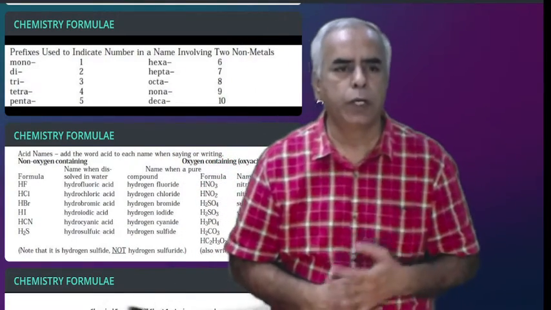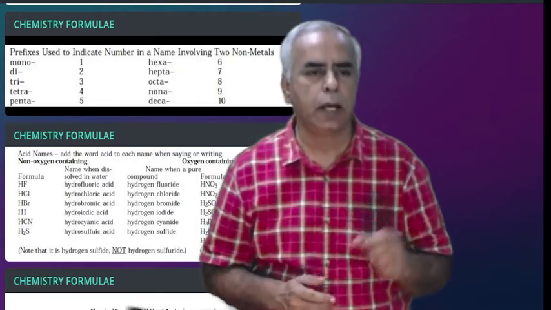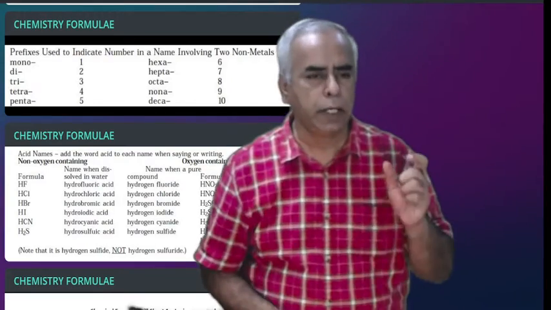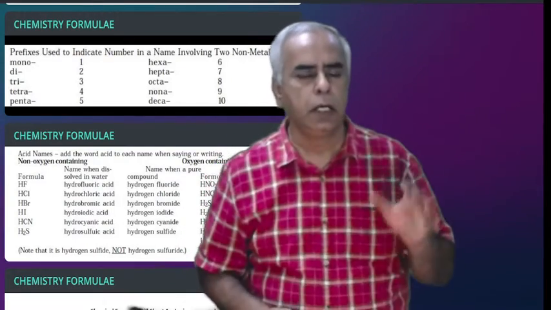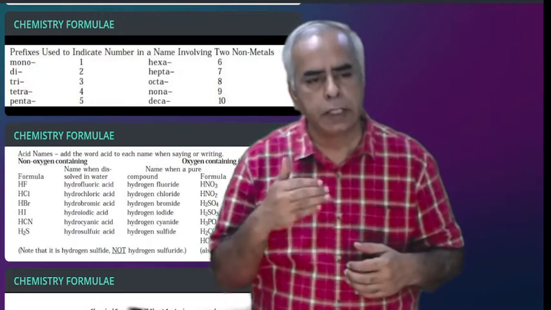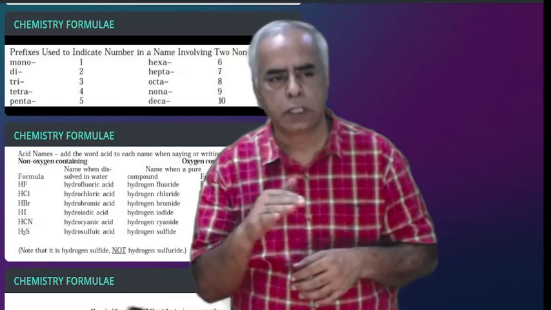For example, hydrofluoric acid, HF, HCl, hydrochloric acid, HBr, hydrobromic acid, HI, hydriodic acid, HCN, hydrocyanic acid, H2S, hydrosulfuric acid. If it is a gas, we can call it hydrogen sulfide.